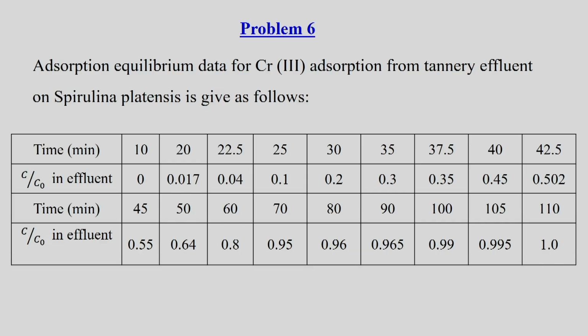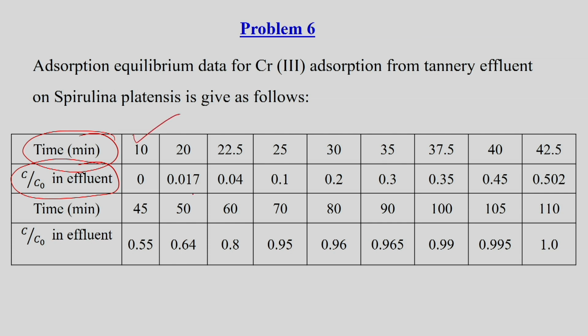Now, we will be solving one problem on the breakthrough. The adsorption equilibria data for chromium 3 adsorption from a ternary effluent on spirulina platensis is given as follows, where C by C0 in the effluent is given with respect to time.